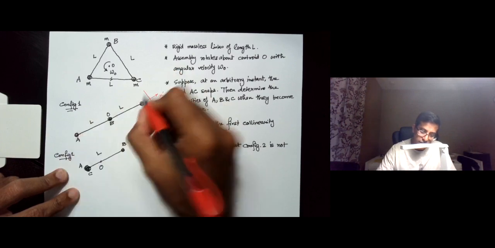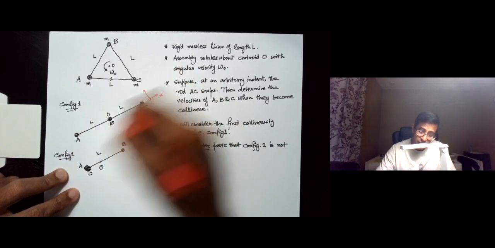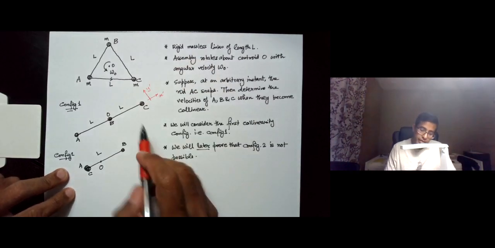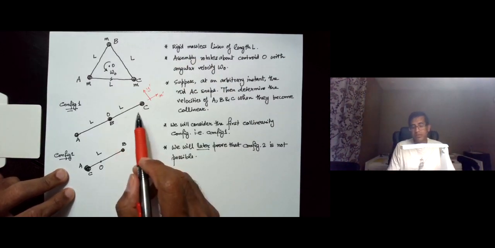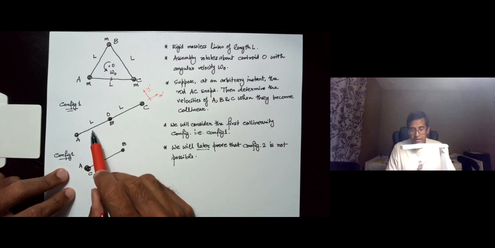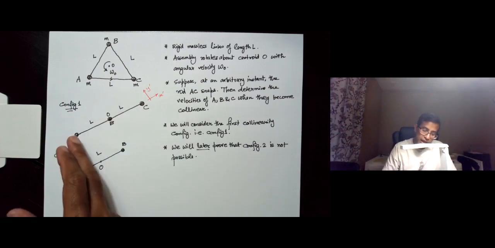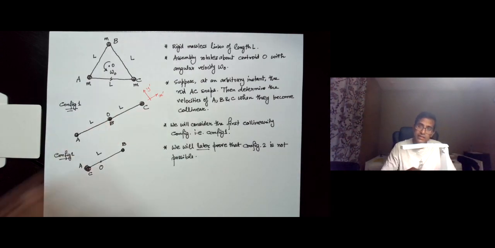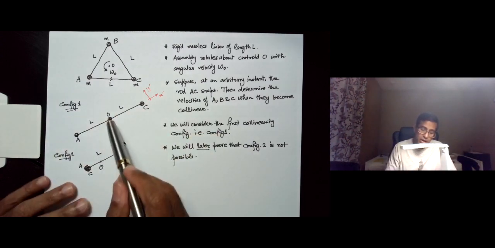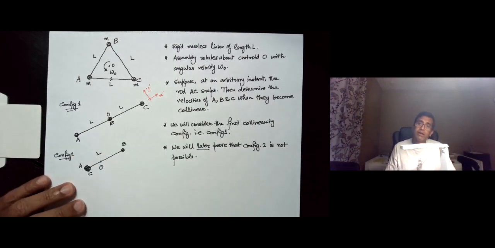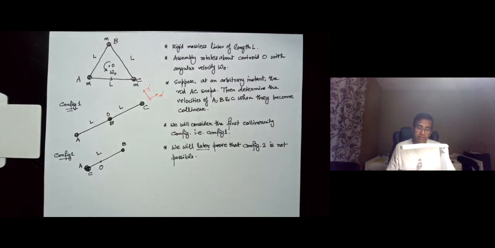This is in the collinear direction, and perpendicular to that is y prime. We can deduce from the fact that AB and BC are rigid massless links that the velocities at A, B and C at that instant when the collinearity happens will have to be along the y prime direction. They cannot have velocities along the x prime direction.